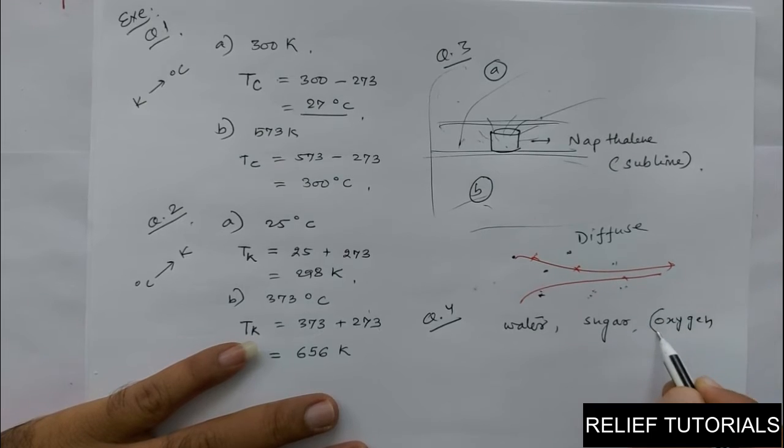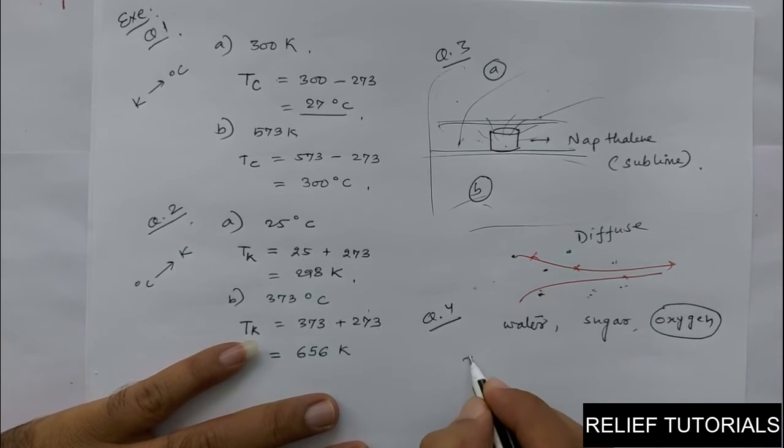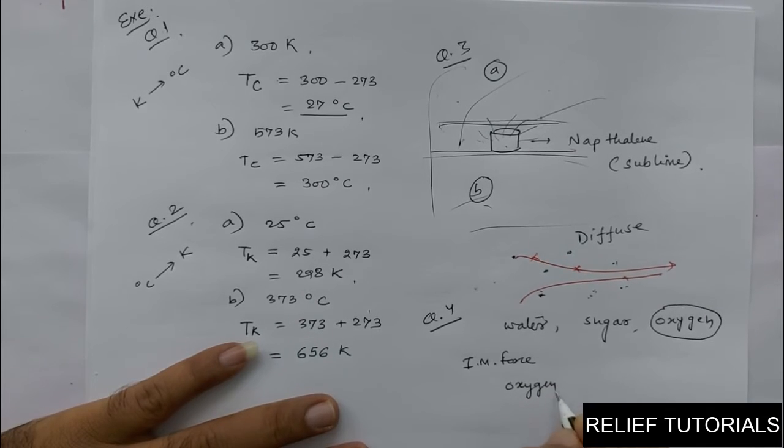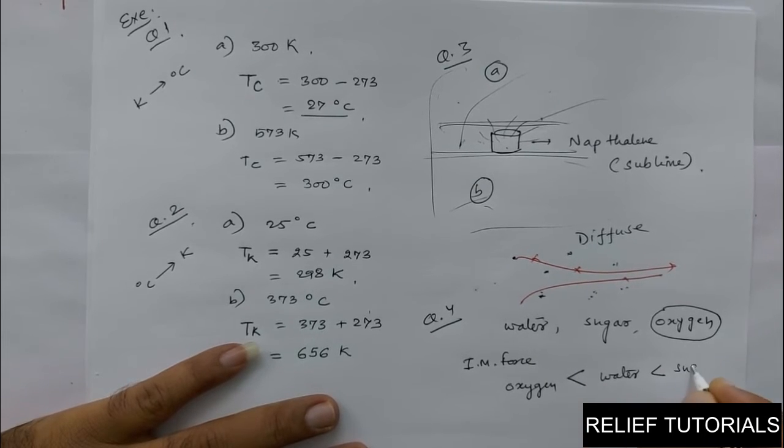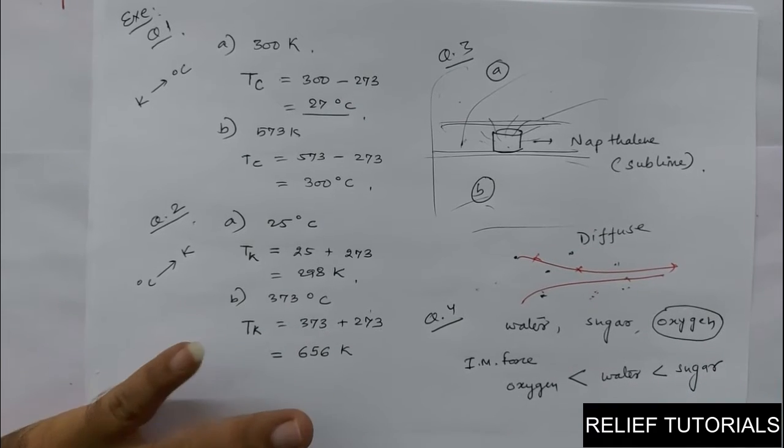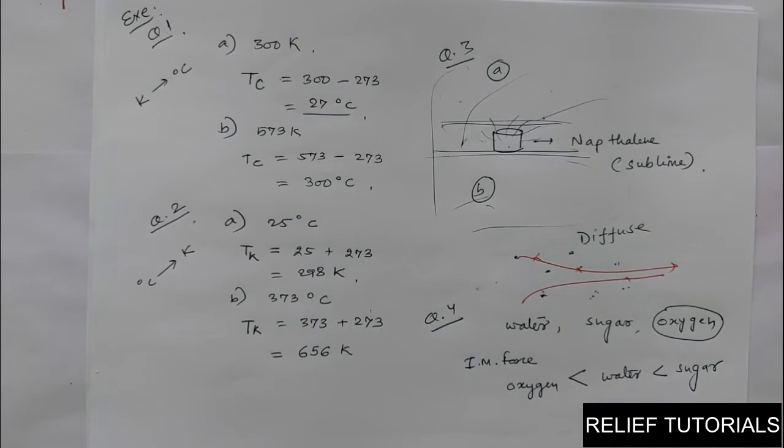Intermolecular force is least in oxygen. Intermolecular force is somewhat more in water and highest in sugar, because in solids intermolecular force is highest. In the very beginning of the chapter we have seen this.